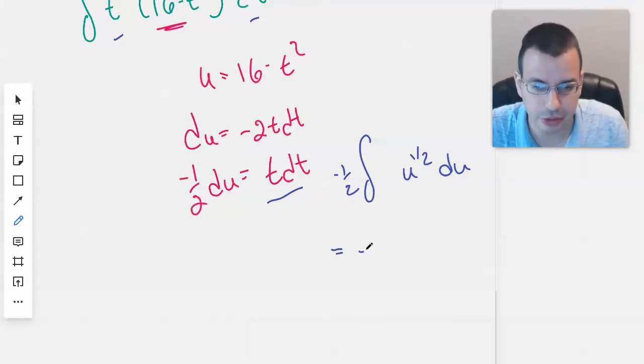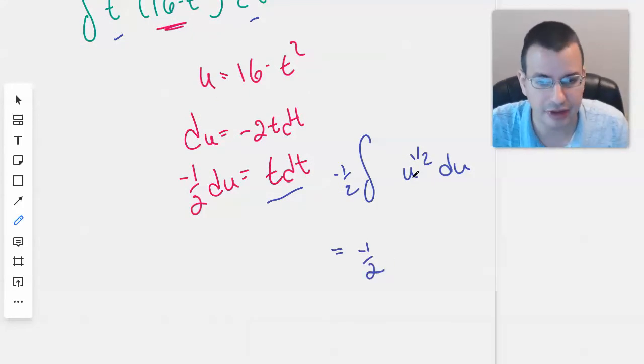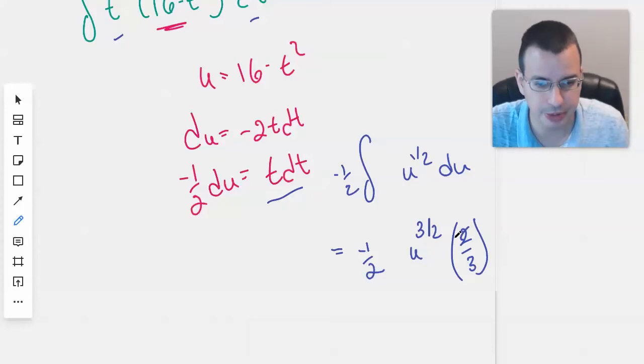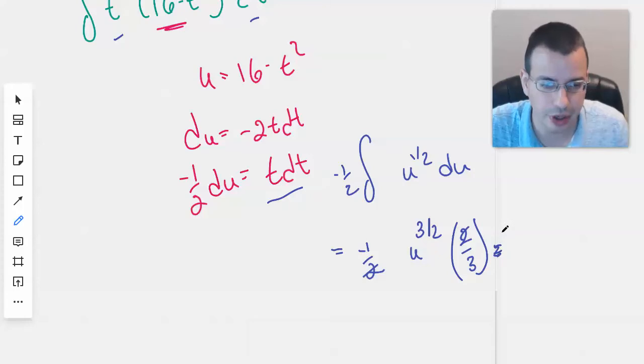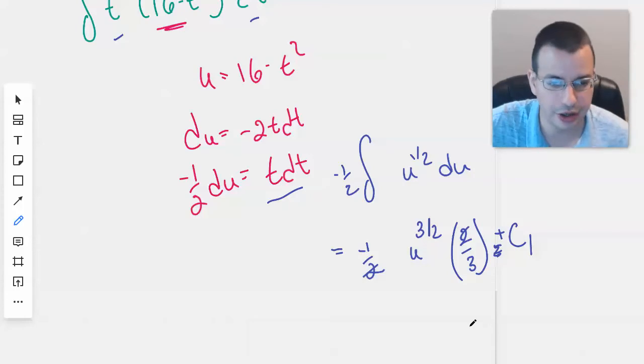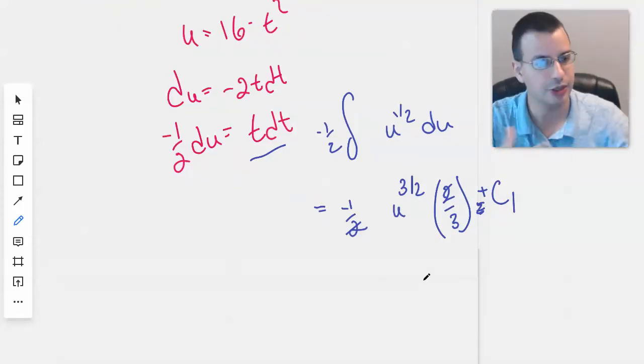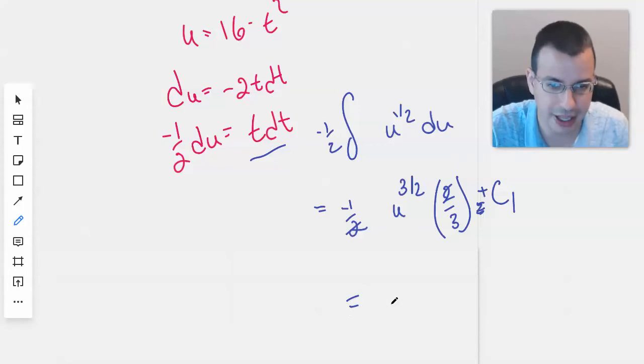And then this will equal negative 1/2, and here we have u to the 3/2 times 2/3, just doing the power rule. The 2's will cancel. And I'll do a plus c. I'll say c1, that way I don't confuse it with the c that we'll have later when we switch back to x.